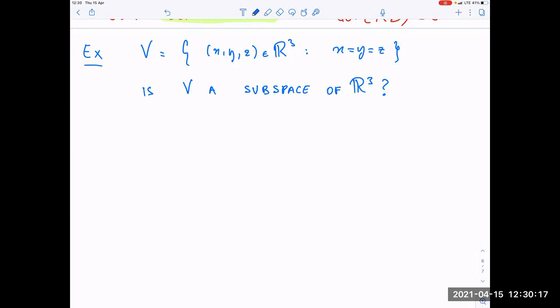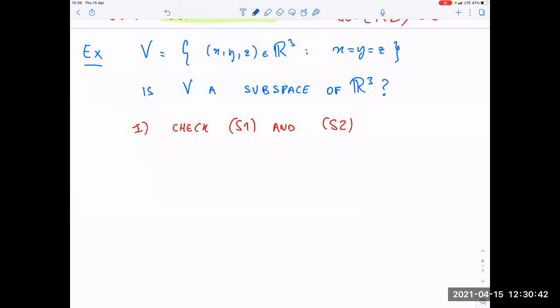So one possible way of doing this is to check S1 and S2, but be careful, checking that 0 is inside is not a sufficient condition, it is necessary. So you just need to check S1 and S2.